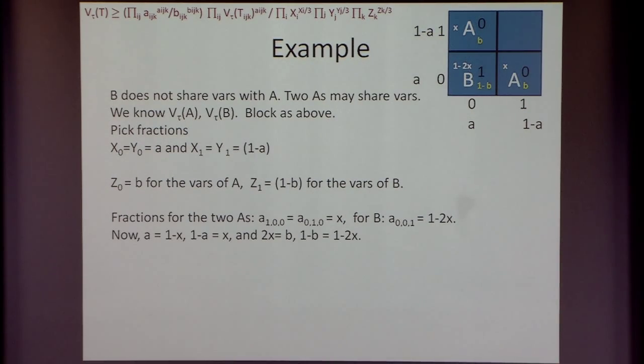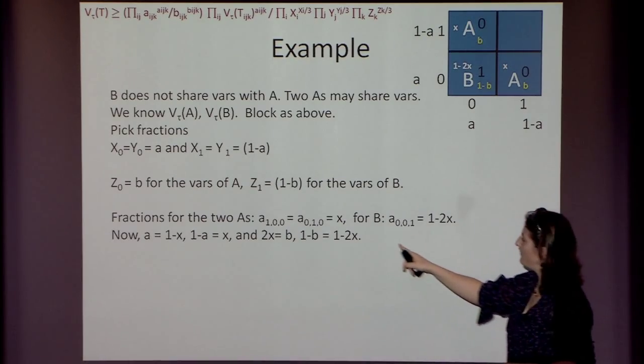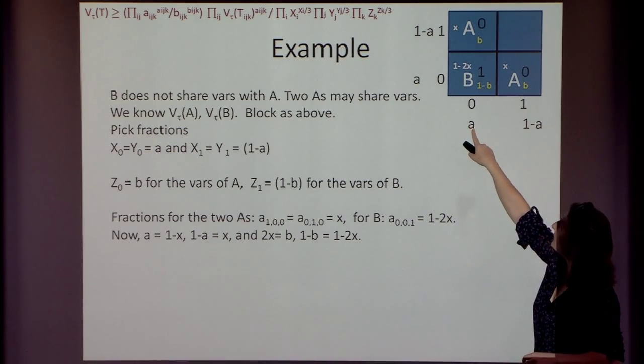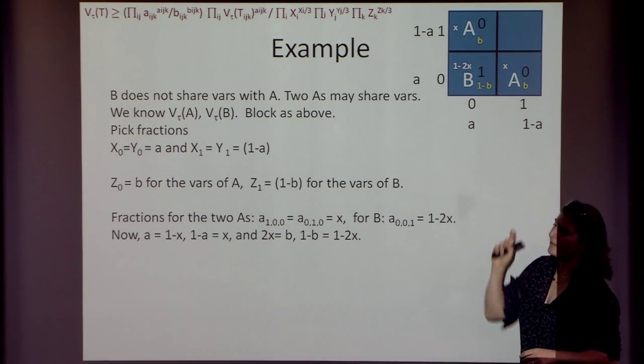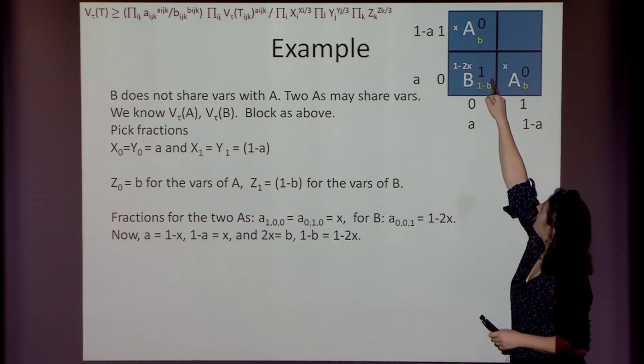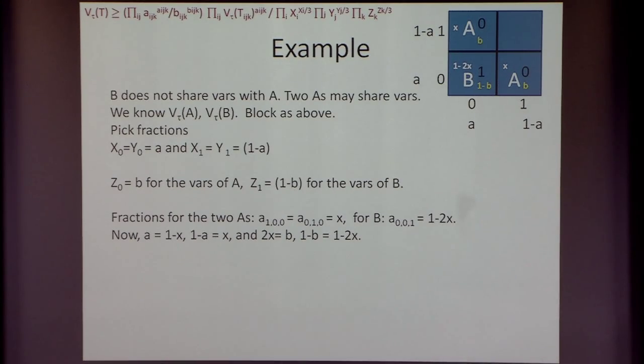Then you notice this is the linear system. It says that alpha has to be equal to 1 minus 2x plus x, and also beta has to equal 2x. So you have a linear system, and you see, oh, it has full rank.